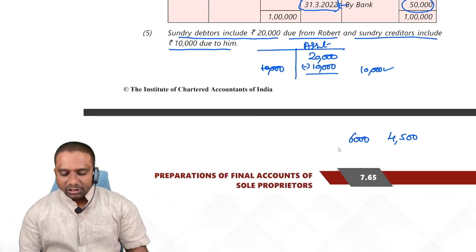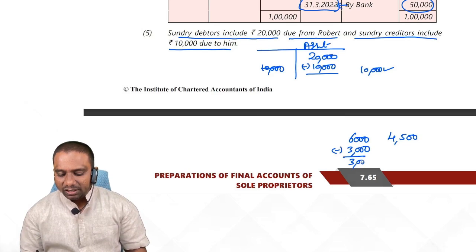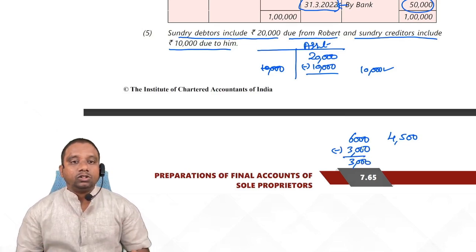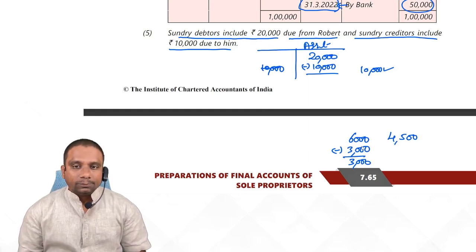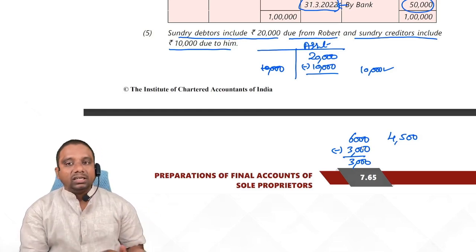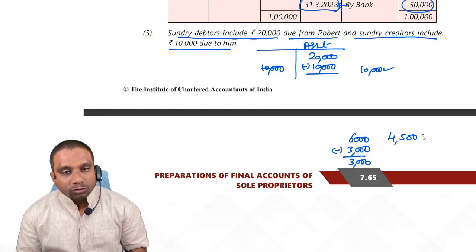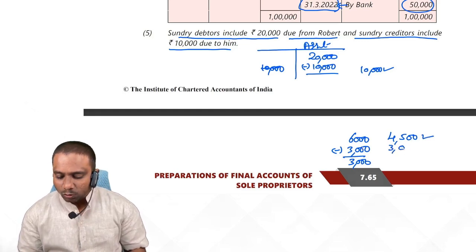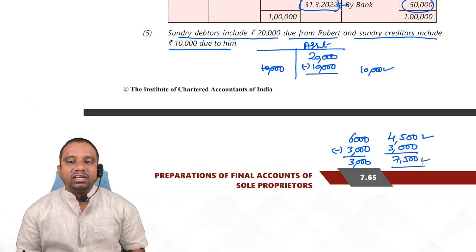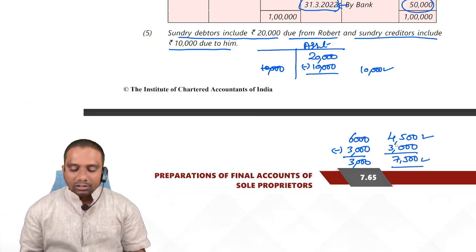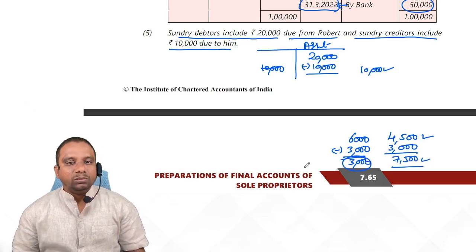Out of 6,000, already paid how much? 3,000. What is the remaining interest payable? Still 3,000 rupees. It is a liability for us. So, in the P&L account, total 4,500 already paid plus outstanding 3,000, total 7,500 is debited in the P&L account. In the balance sheet, 3,000 liability.